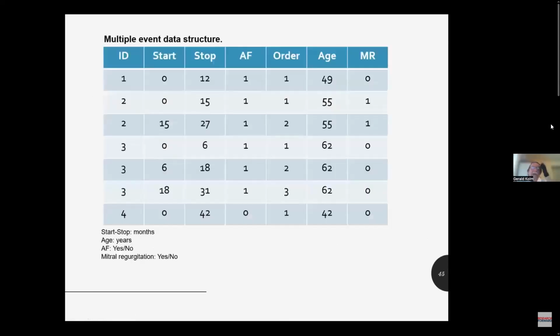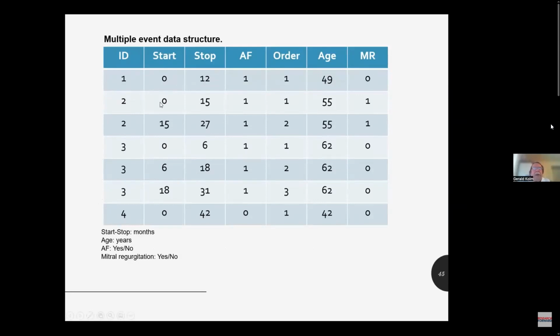I just wanted to give you an idea of when you have a situation with multiple events, the data would be structured something like this, where for each patient you would have a start time, that is their entry into the study, which is time 0, and then when they have an AF event or whatever the event might be. So here, the first patient had an event at 12 months. So there's just one row for this, and this is age, and MR is mitral regurgitation.